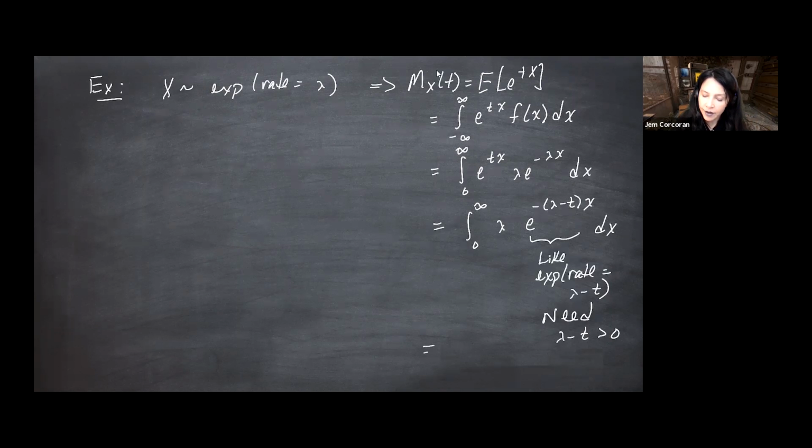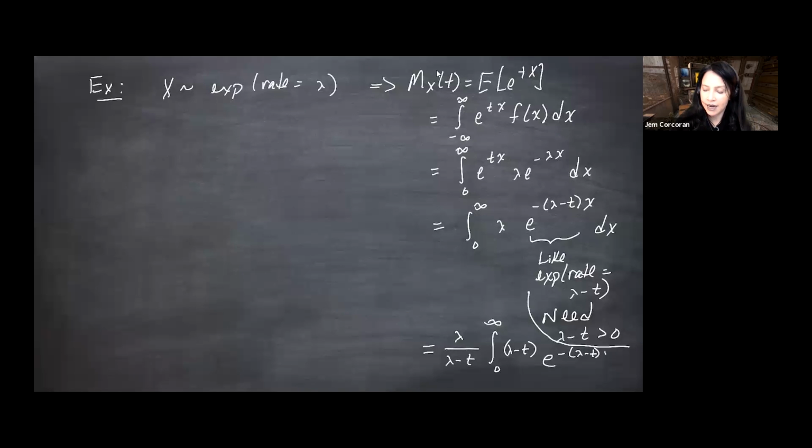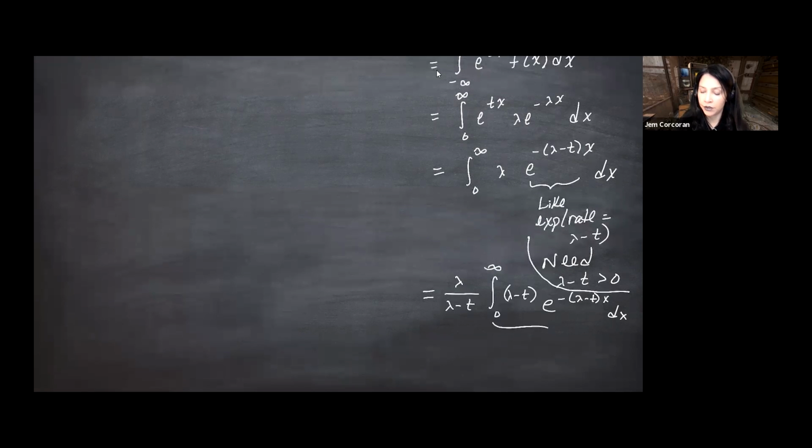So I'm going to put a lambda minus t out in front of this integral, 0 to infinity, lambda minus t, e to the minus lambda minus t x dx. And now I do have an exponential PDF integrated over its whole support. That integral is 1. So we get lambda over lambda minus t. And it only holds for t less than lambda.